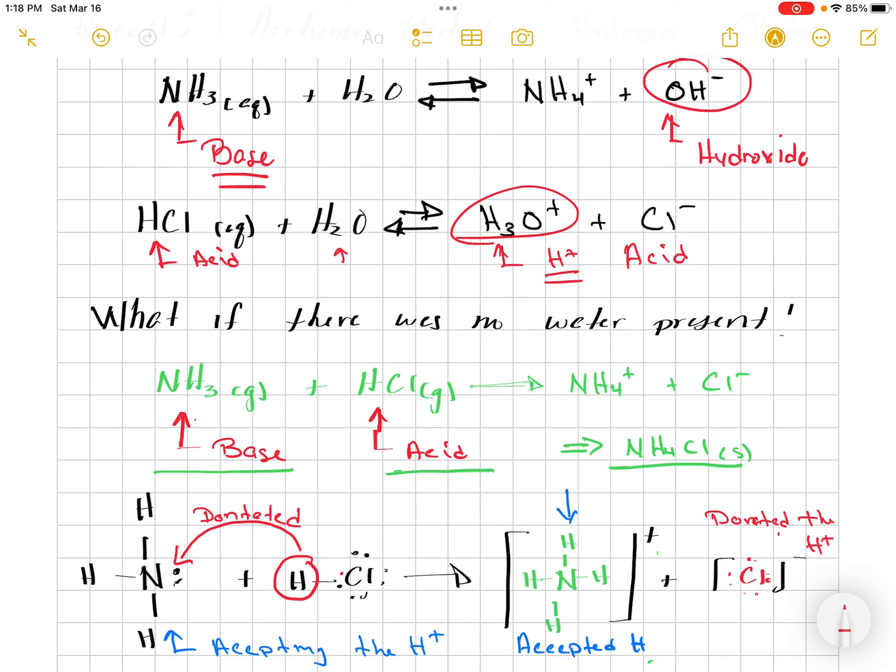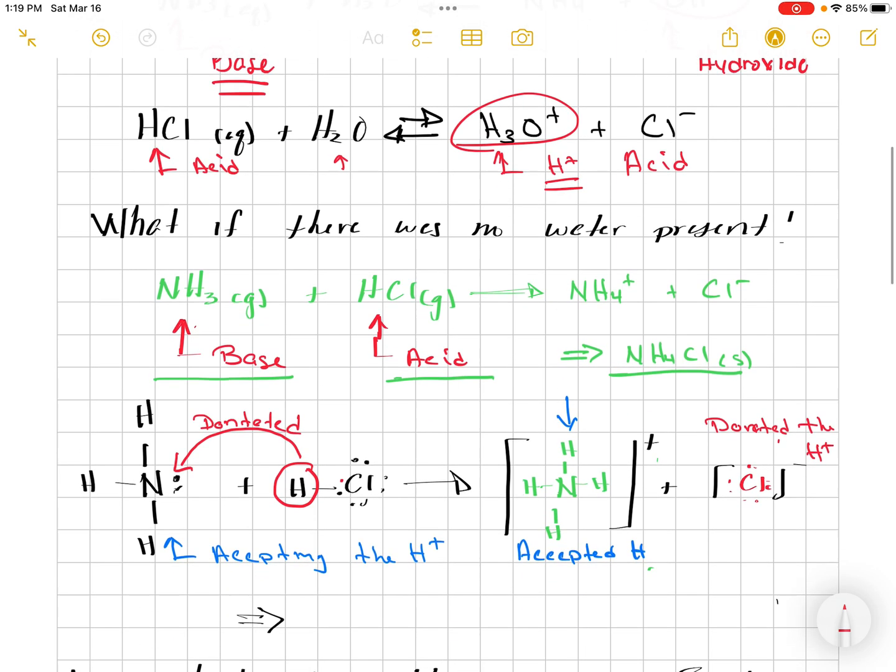Do you see that? Based on this definition, even though we don't have a release of hydrogen ions or hydroxide ions, this is still an acid-base reaction, because we reacted a known acid with a known base, but the definition changed just slightly. We're redefining what makes an acid and what makes a base, depending on whether the compound is donating a proton or accepting a proton.